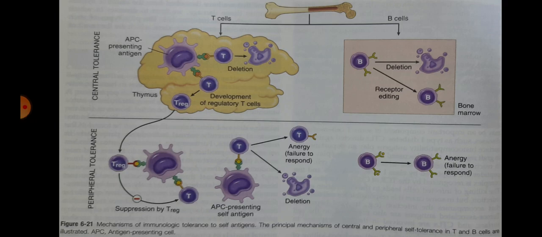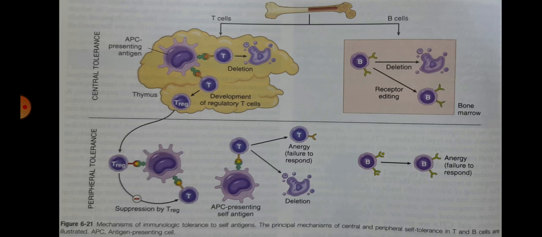When immature lymphocytes encounter the antigens in the thymus, many of the cells die by apoptosis. This process, called negative selection or deletion, is responsible for eliminating self-reactive lymphocytes.